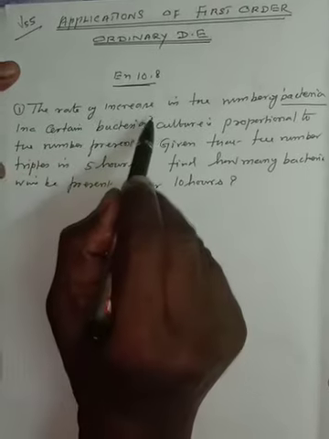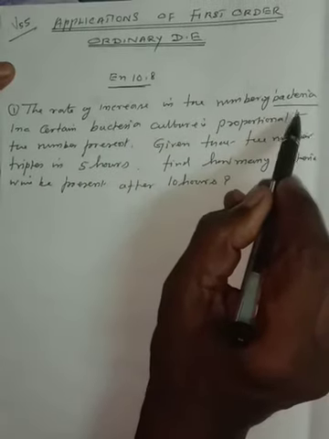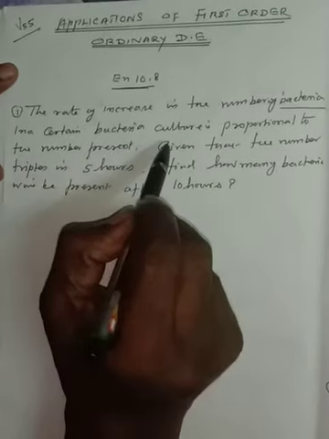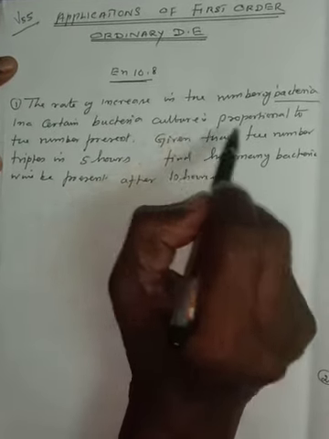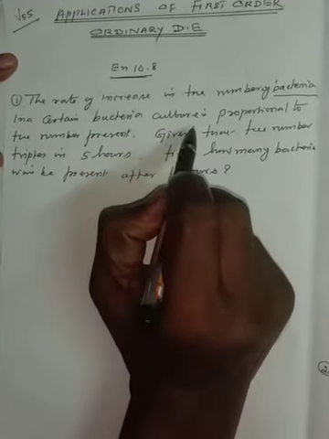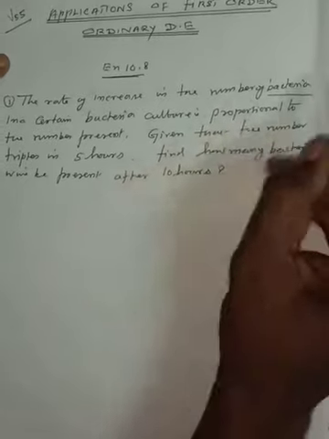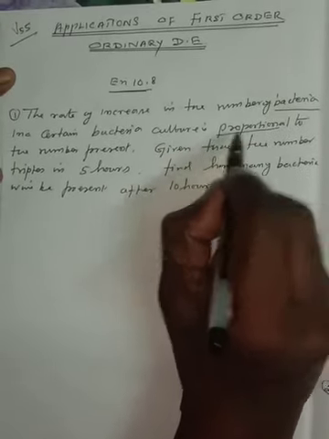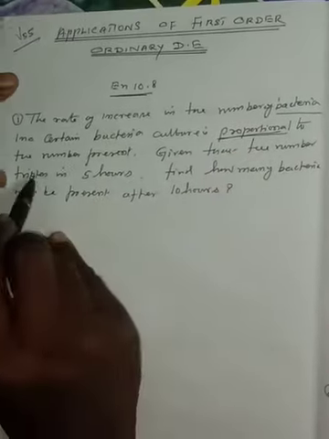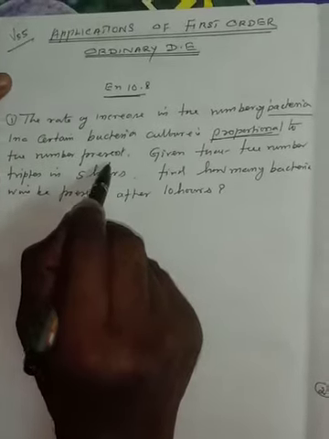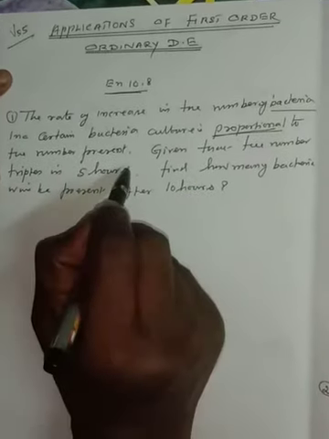The rate of increase in the number of bacteria in a certain bacteria culture is proportional, very important, proportional to the number present.